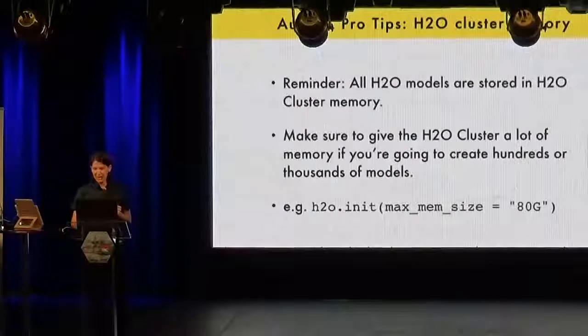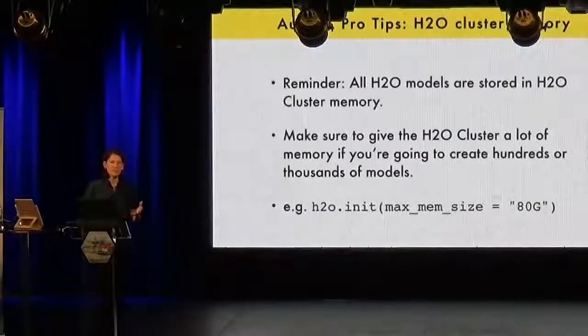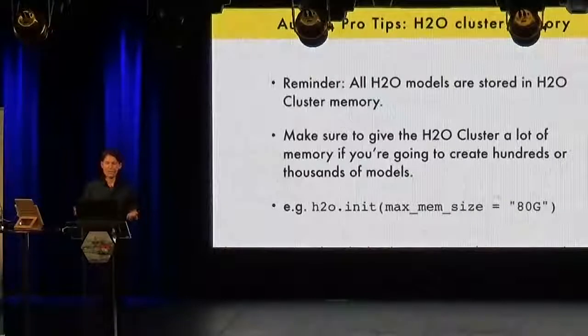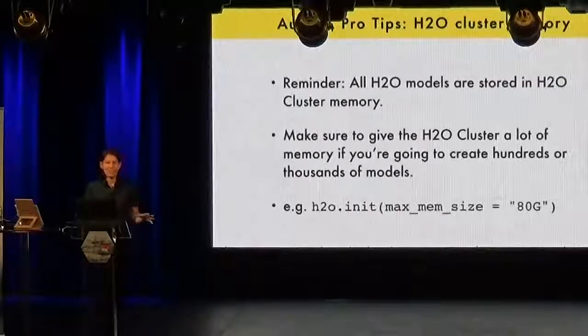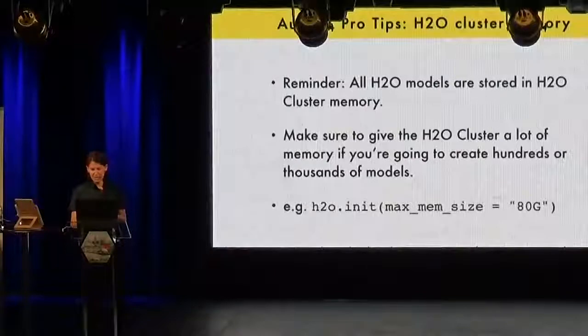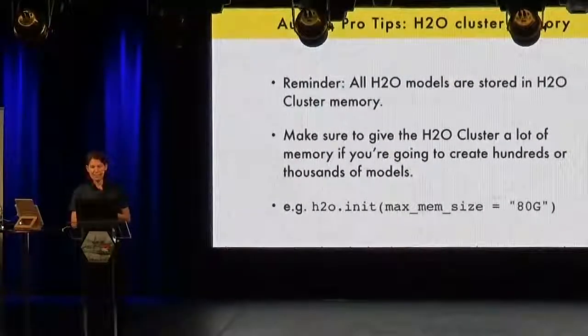And just a reminder, all the models and the data are stored in the cluster memory. So by default, when you use this h2o.init, that's how you start the H2O cluster, it will give you a 4 gig cluster, and that's just to protect people from using a lot of memory that they don't want. So if you want to use more, then you have to specify max mem size to something bigger.